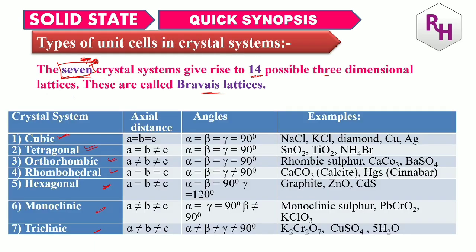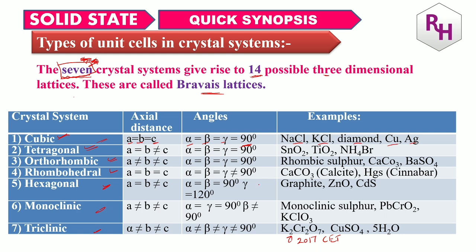Then here, if you come back, see, if edge length a is equal to b is equal to c, then alpha, beta, gamma angles are 90 degrees. Then we call it a cubic unit cell. Examples are NaCl, KCl, diamond, Cu, Ag, etc. You have to remember at least one example. For example, in 2017 CET, it was asked: K2Cr2O7, triclinic one.